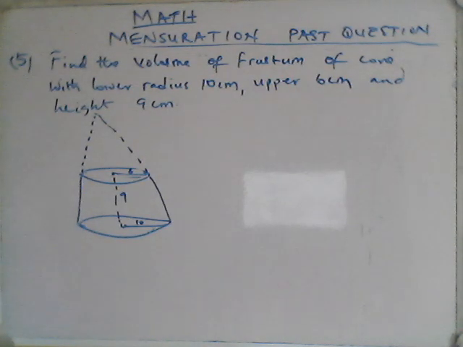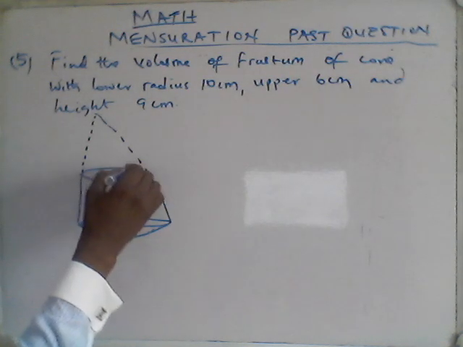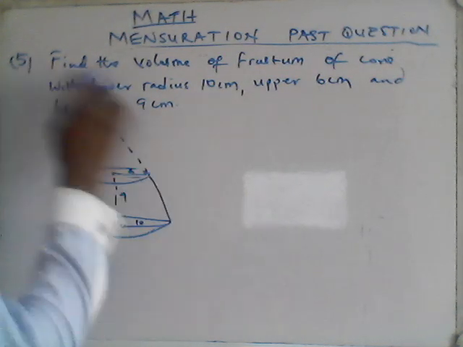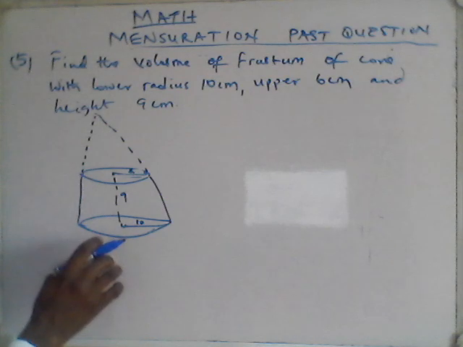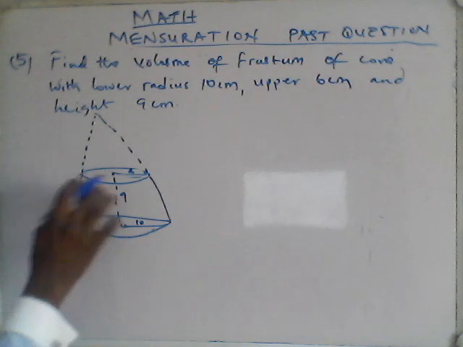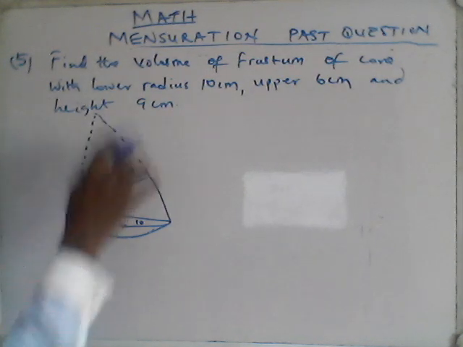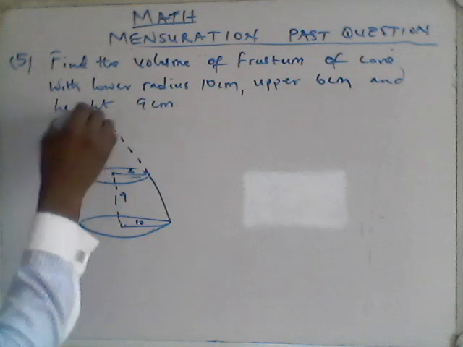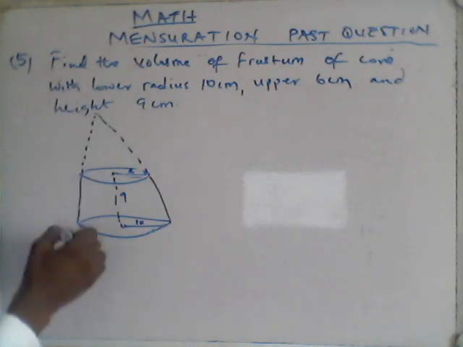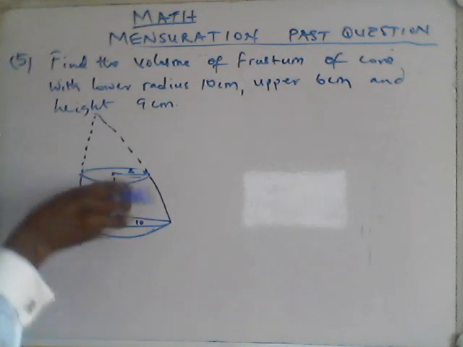Now, there is a direct formula method. You can also use the indirect method, where you find the volume of the bigger cone and the volume of the smaller cone, then get the difference. The bigger cone volume minus the smaller cone volume will give me the volume of the frustum.